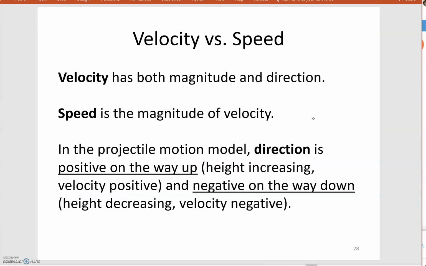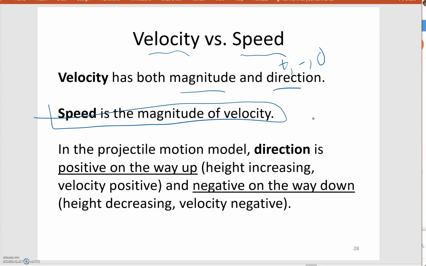Now I just talked a little bit about velocity, a little more about that. We actually have two quantities: velocity and speed. Velocity has both magnitude and direction, so it can be positive, negative, or 0, like we talked about. Speed is the absolute value of the velocity, so it's always positive.